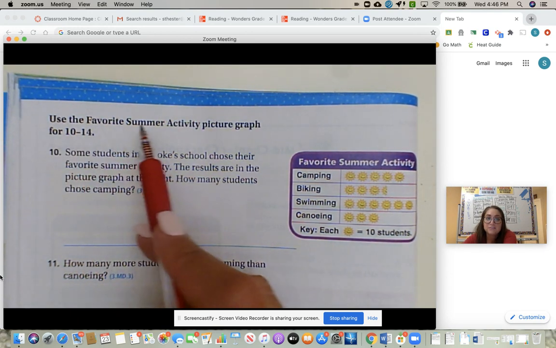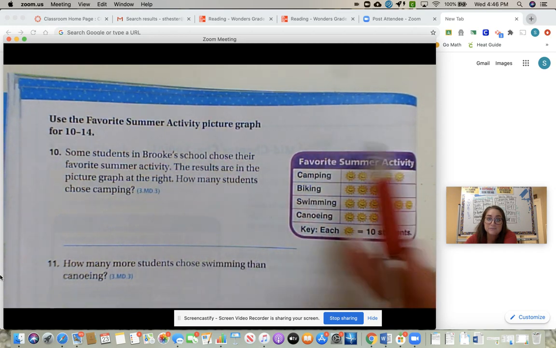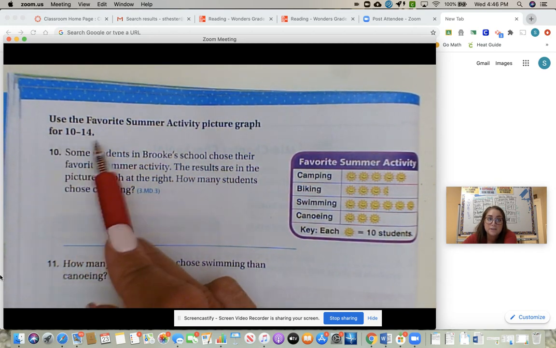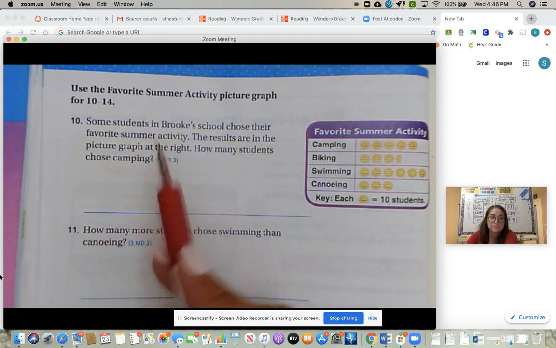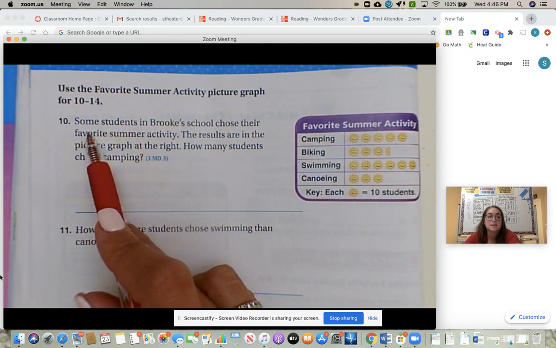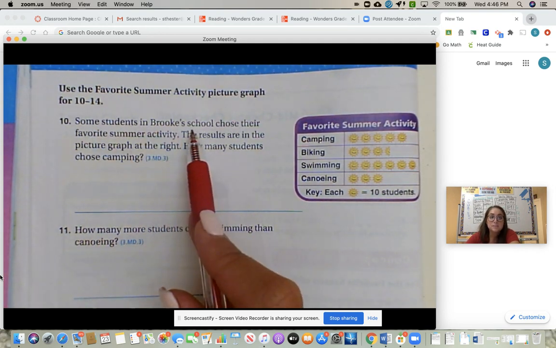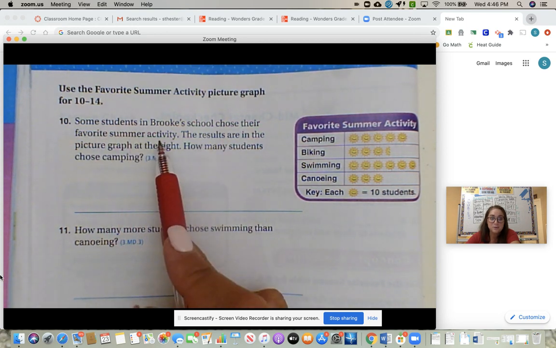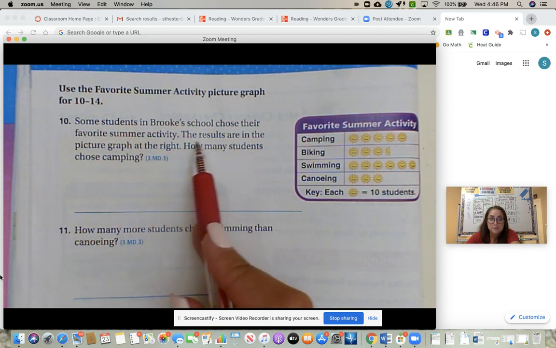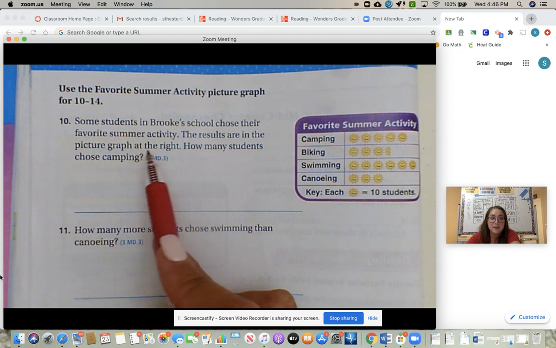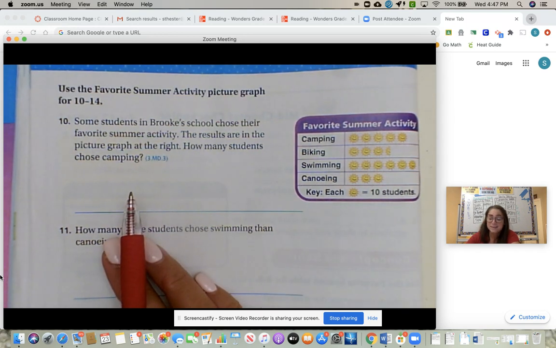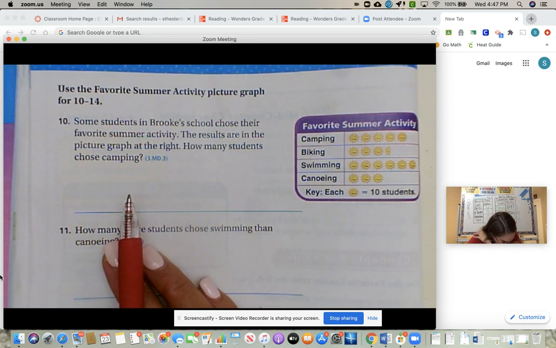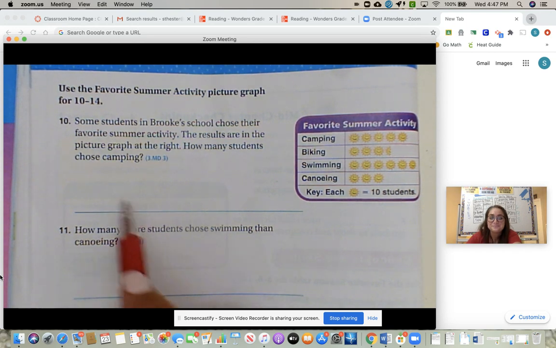So use the favorite summer activity picture graph right here for 10 through 14. Number 10. Some students in Brooke's class chose their favorite summer activity. The results are in the picture graph at the right. I'm going to sneeze. Excuse me.